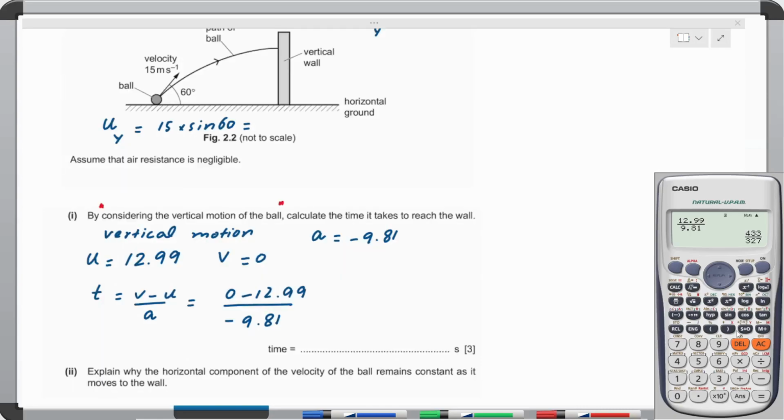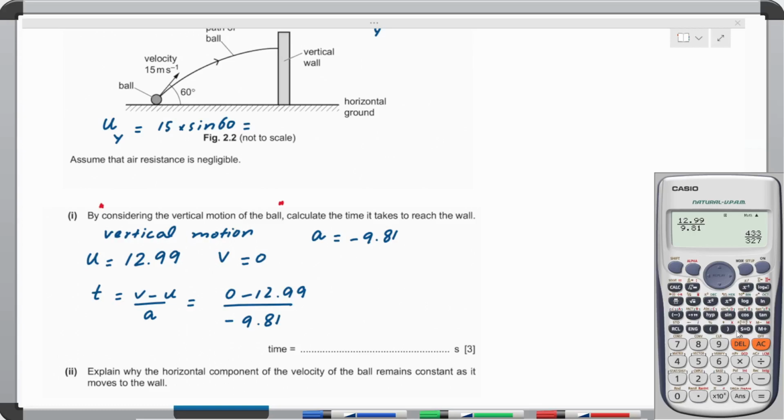So what we get in fraction is 1.3. So in 2SF, we get the final answer for time as 1.3 seconds.